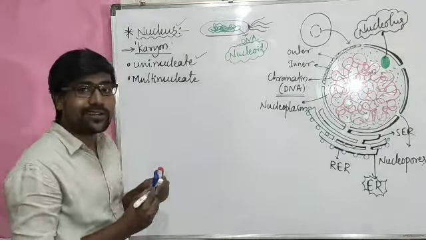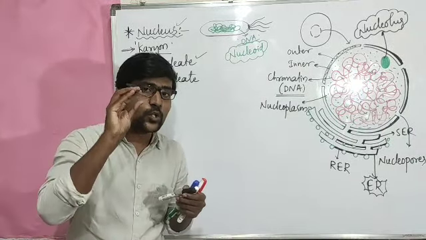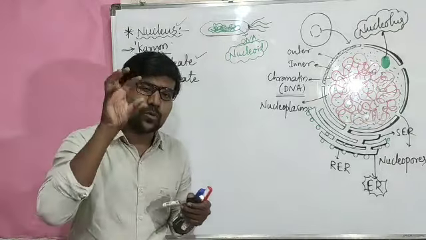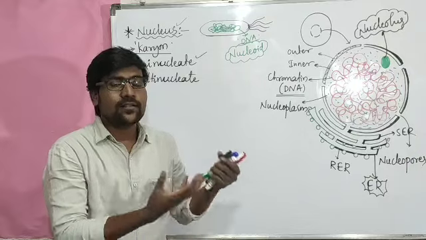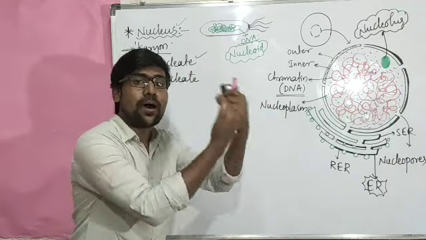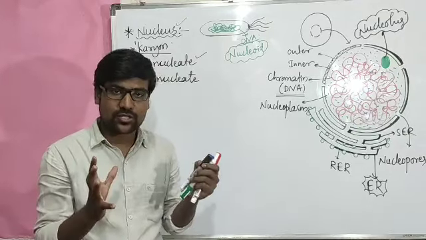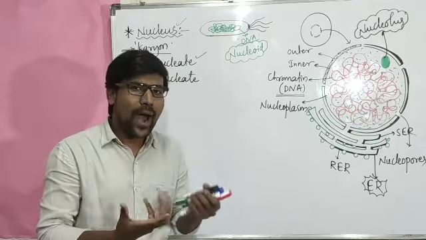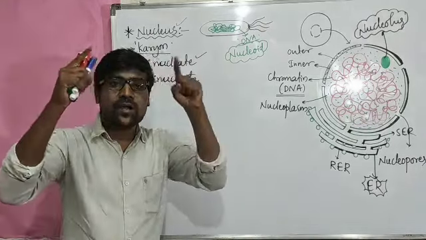And one more thing: in the case of an animal cell, we usually see the nucleus almost at the center of the cell. But in a plant cell, the nucleus will be present at the peripheral side, at the margin, if the cell is matured, large, and grown. Why is it so? In a plant cell, there is one big vacuole.